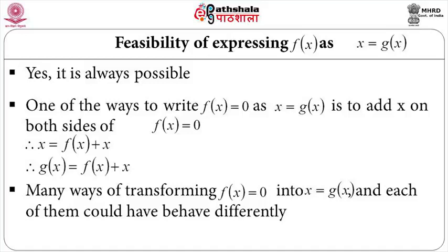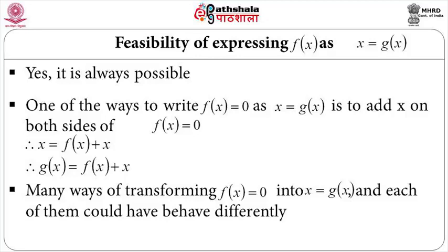So, the next question which arises is that the method consists of expressing f x equal to 0 as x equal to g x, that is the first step. Is it always feasible? Can we always express f x equal to 0 as x equal to g x? The answer is yes. One very obvious method is to add x on both sides of the equation f x equal to 0, which gives us x is equal to f x plus x.